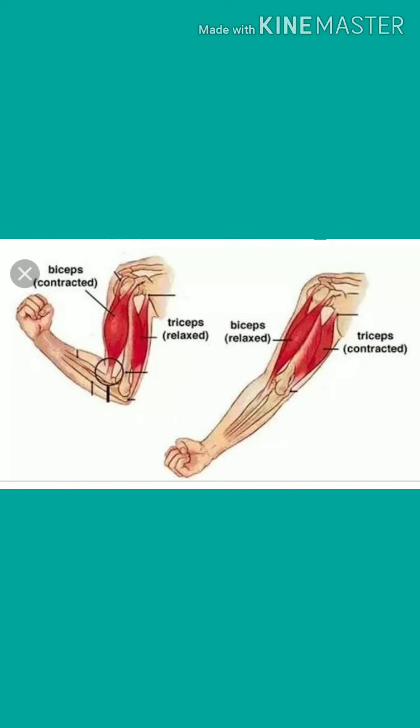The muscles of our arm are voluntary muscles that work together. This is our arm. See carefully the biceps and triceps in this diagram. Muscles work in pairs, by contraction and expansion.